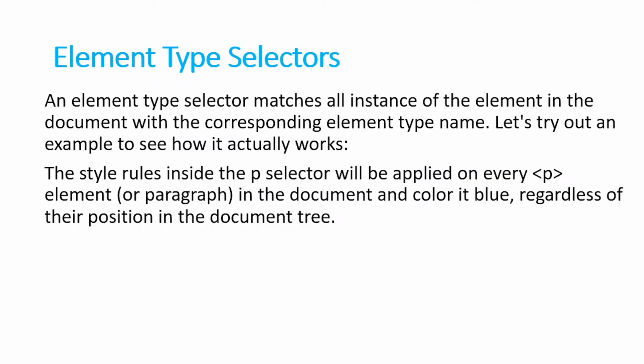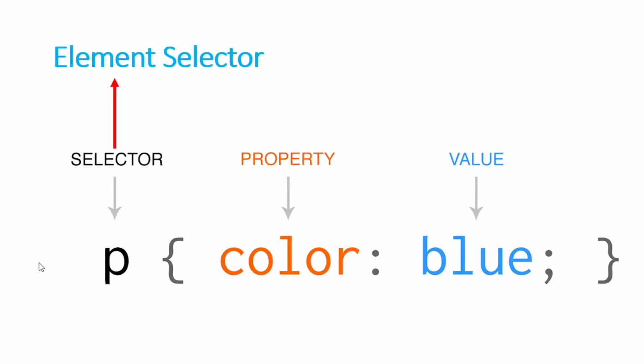The other one is the element type selector, where we just write the element name and then specify the styling we want to add to that element. It is just a normal selector, which we have already seen in the previous video when I was giving the example. You can just name the tag name which you want to design.